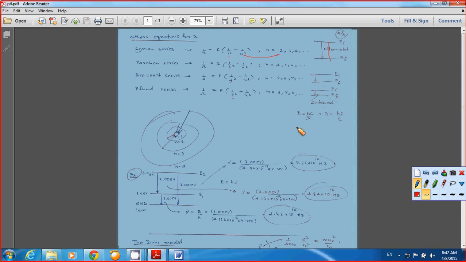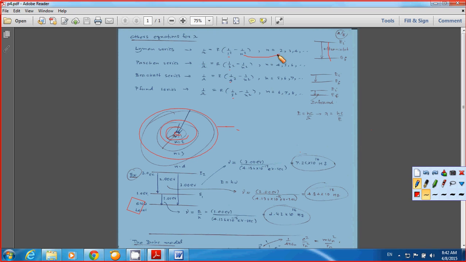So if you look at the atom here, you have the nucleus inside, and you have n equal to 1, n equal to 2, n equal to 3, n equal to 4, and so on. Take a look at the energy band diagram. This is the ground level for the Lyman series, and it starts from 2.